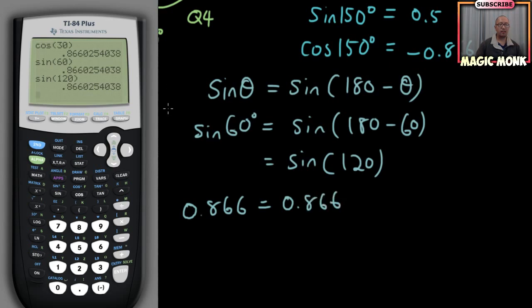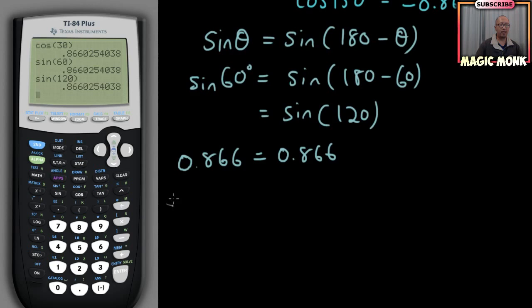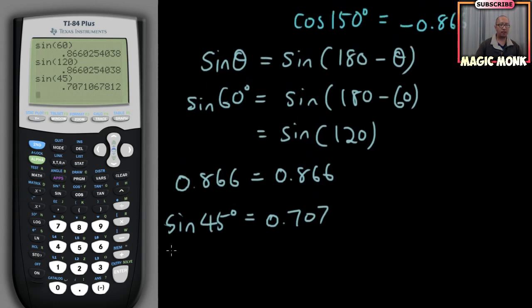Now, for example, let's try sine 45. Sine 45 is 0.707. Okay, and let's try another one. Let's try sine of 180 minus 45. 180 minus 45 is 135.